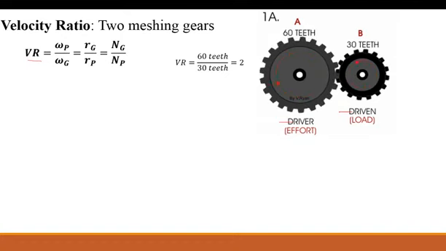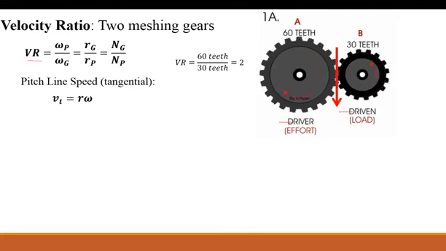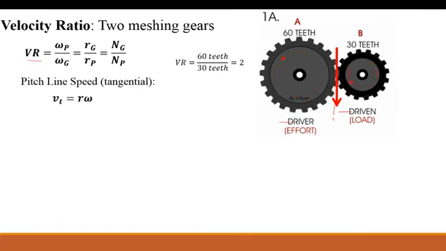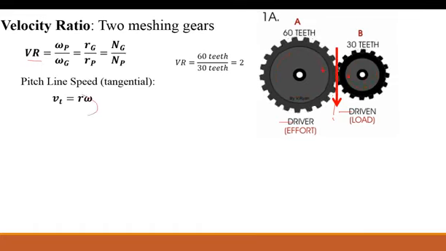We're actually doubling the speed, or the angular velocity. Tangential speed is the same, but the angular velocity is different because of those two radiuses. Which leads us back to the whole idea of the pitch line, which is just the tangential velocity between the two gears. And you can see this is based on the radius and the angular velocity.